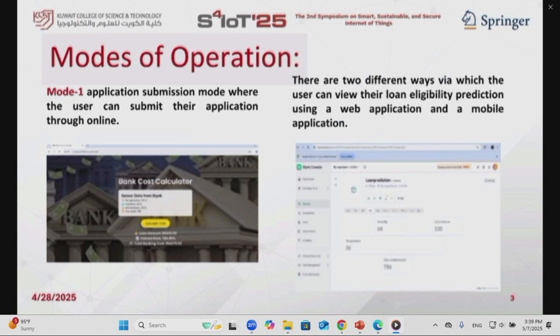In the second mode of operation, we have eligibility prediction using a web application which we have integrated with the Blynk app, and we are able to see all those readings live on our mobile phone itself. The overall advantage is that we can see all those real-time readings on the mobile itself.